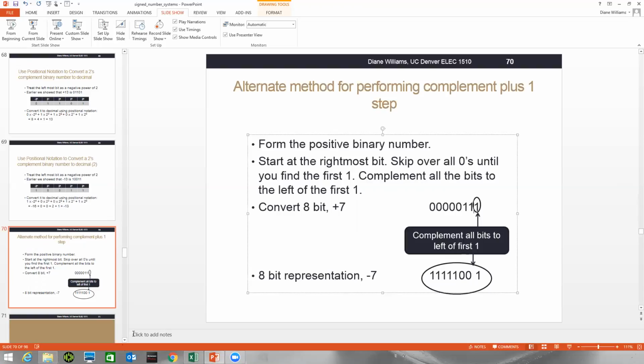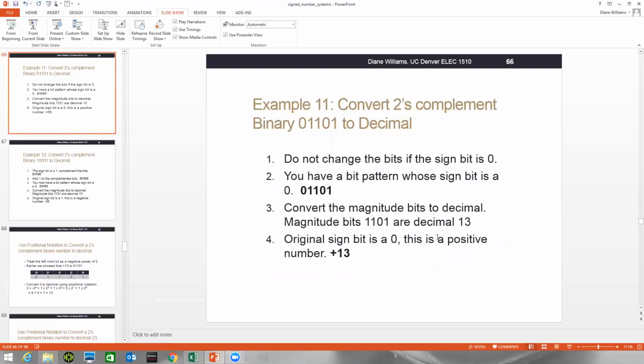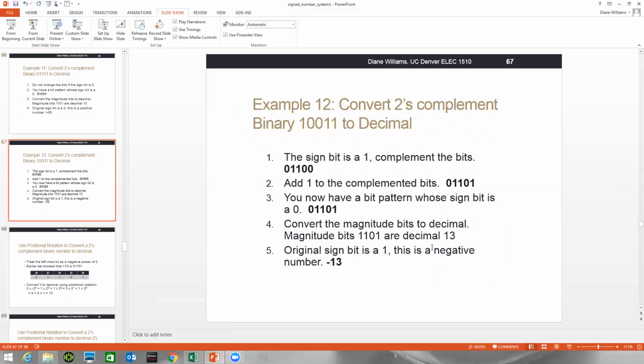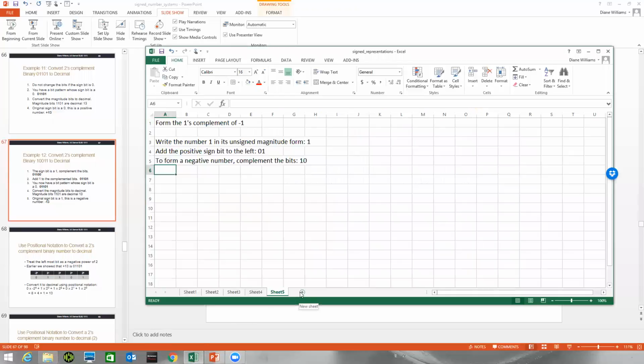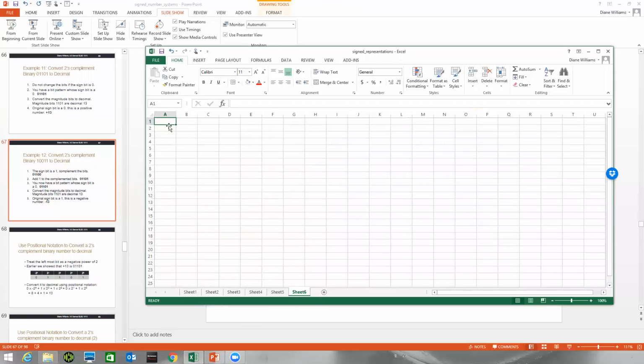Let's actually look at how to do this with minus 13. Let's go back to our 2's complement version of minus 13. All right. So let's see how we do this. Okay, let's get some scratch paper here.